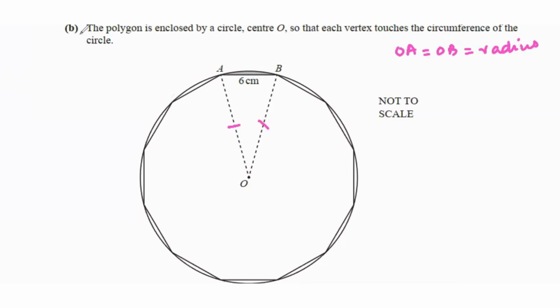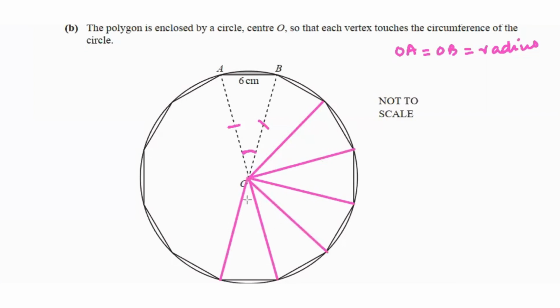Since this is a 12-sided polygon, we can find the angle which each of these triangles would have. If we draw a line to each vertex over here, we can see that we will have a total of 12 triangles, which you can see as I'm drawing.